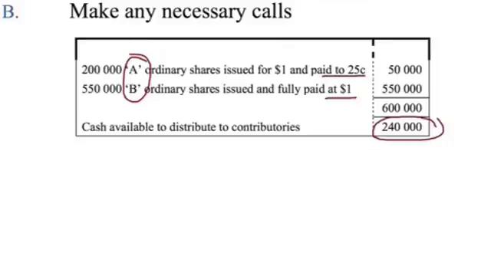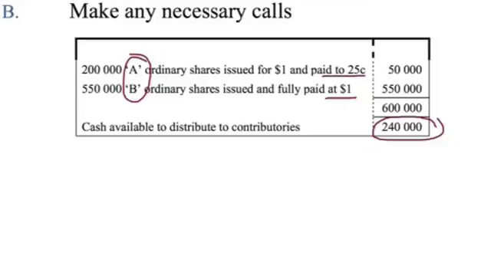In this situation, the first thing that we'll consider is what is stated in the Constitution. So if the company's constitution, for example, states that each of these contributories, both the A and the B ordinary shareholders, will rank equally per share as to return of the capital, then in the case of a liquidation, they'll share equally in the cash that is available to the contributories. It means that all fully paid shareholders will receive the same payout per share, irrespective of what they actually paid for the share.